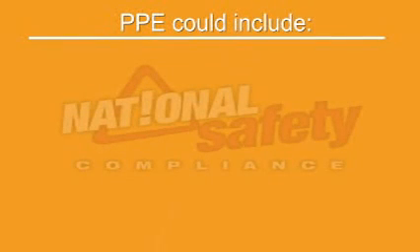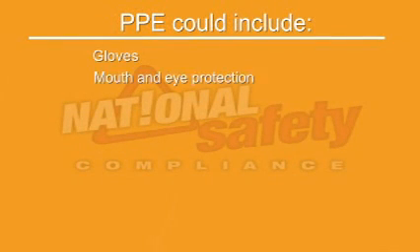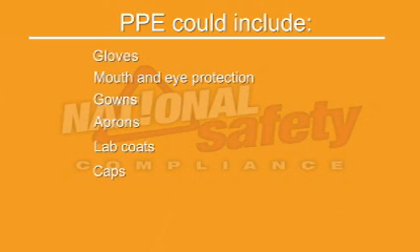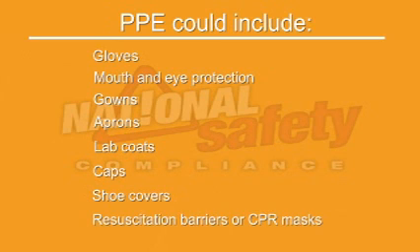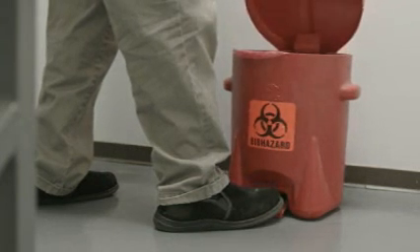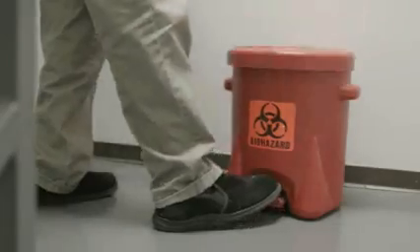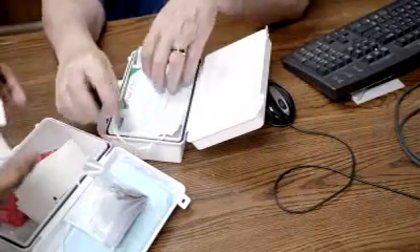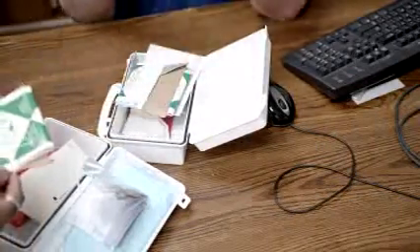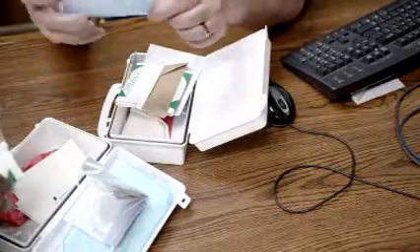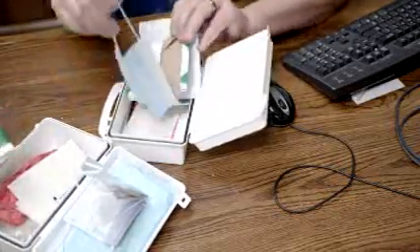PPE could include gloves, mouth and eye protection, gowns, aprons, lab coats, caps, shoe covers, resuscitation barriers, or CPR masks. Disposable PPE should be properly discarded after use. Other forms of contaminated PPE may be reused after proper decontamination.